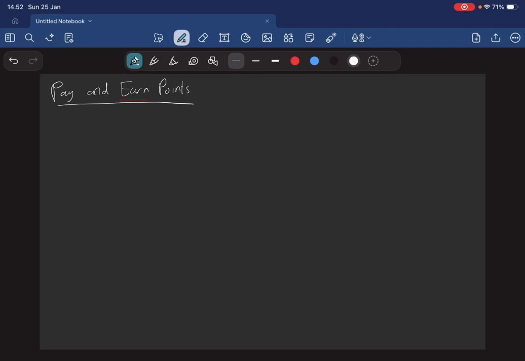Since the information you normally have is spot and the forward points, not the forward rate, you must decide A, whether you should pay or earn the points, and B, whether to add or subtract the points to get the forward rate.